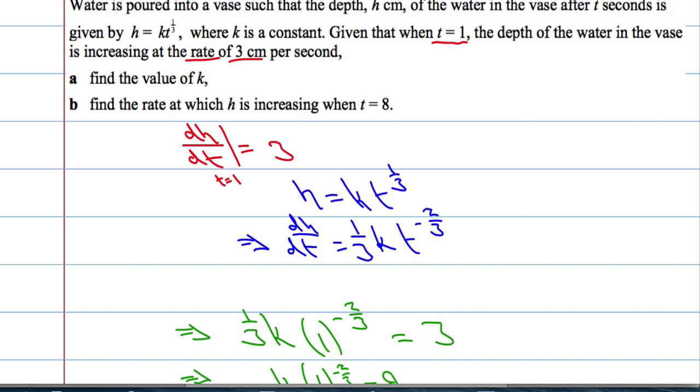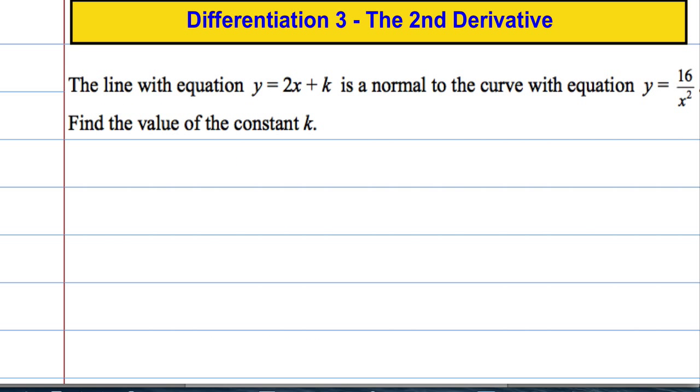Okay, one more example today, one more problem. So we've got the line with equation y equals 2x plus k, and it's a normal to the curve with equation y equals 16 over x squared. We're asked to find the value of the constant k. Right, so it's a normal to the curve. That means it's related to its tangent.